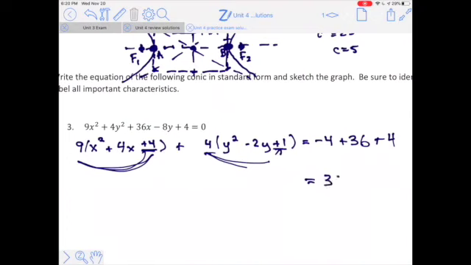So now the right side is still a 36 because we just added and subtracted 4. But then the x variables factor into x plus 2 times x plus 2, or x plus 2 squared. And then the y variable expression is y minus 1 times y minus 1, or y minus 1 squared.